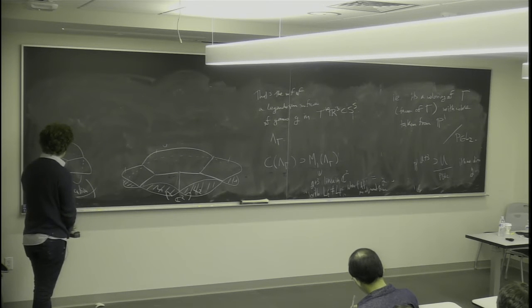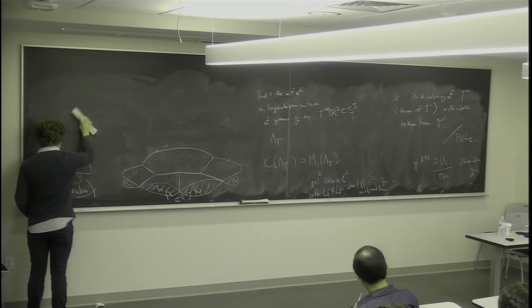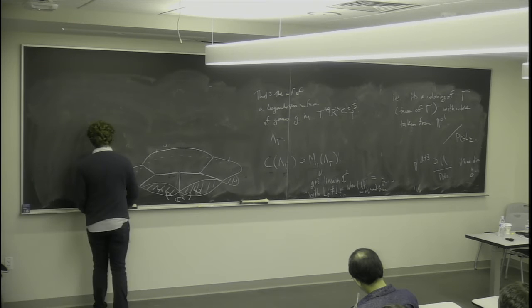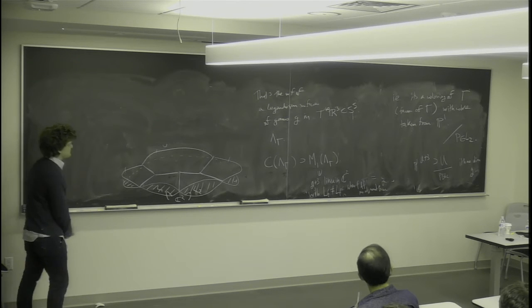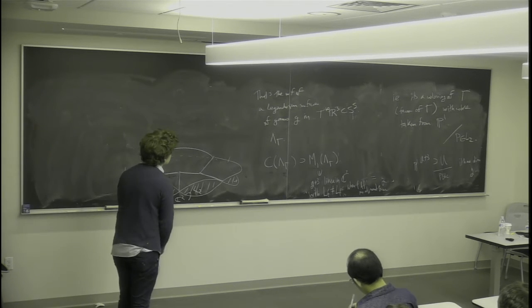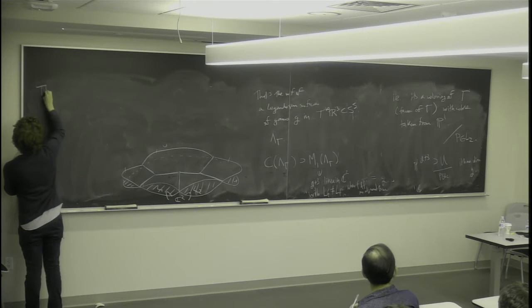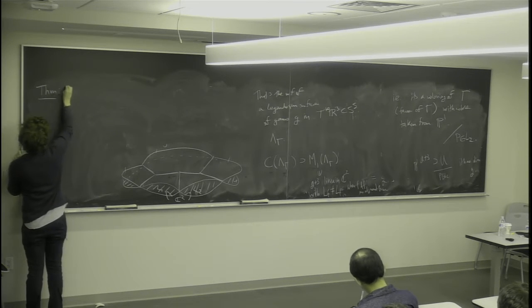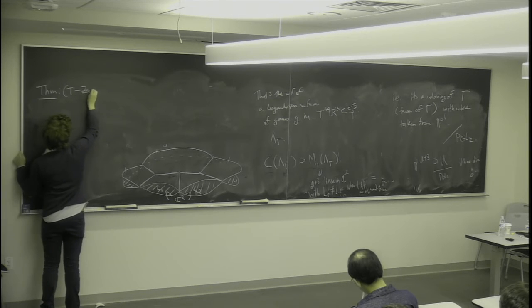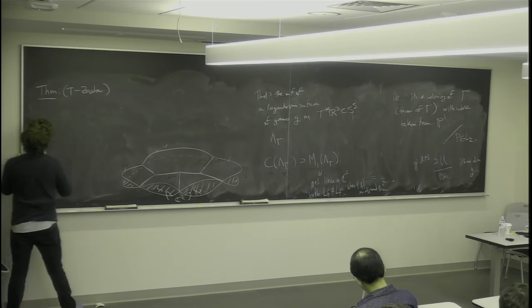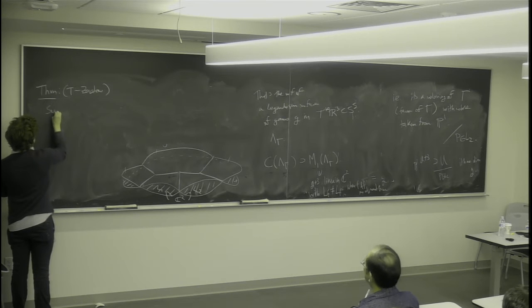So, well, what are some things you can do with these constructible sheaves? So, here's one of them. So suppose gamma and gamma prime have different chromatic polynomials.